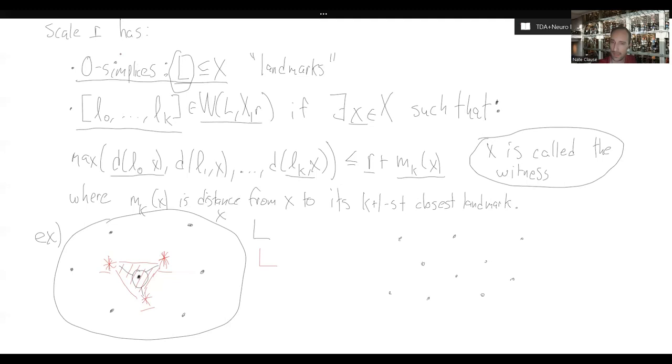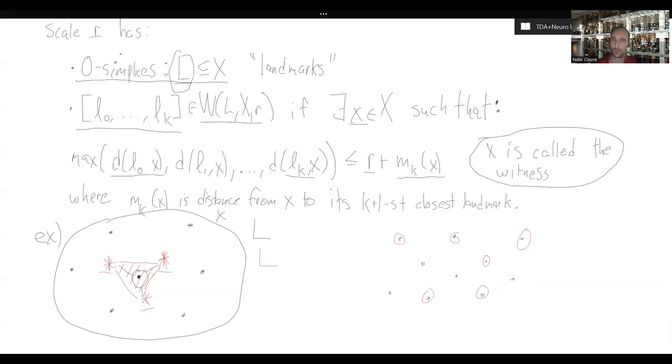So if we had this collection of points on the right, and we chose as our landmarks these three points over here, well, that's not going to probably yield a simplicial complex that's a good representation of our space. Maybe if we wanted a good representation, we would choose, like, these fairly spread out points, or something like this.